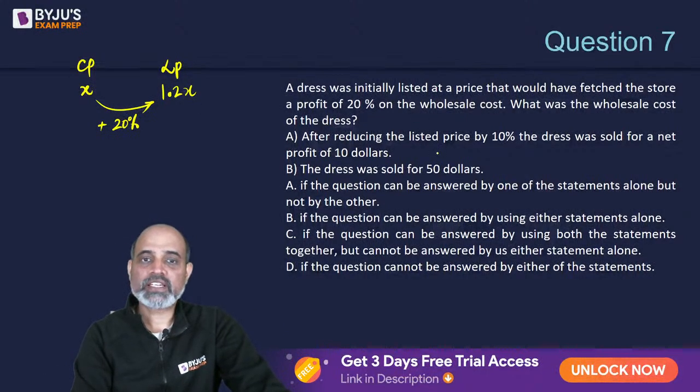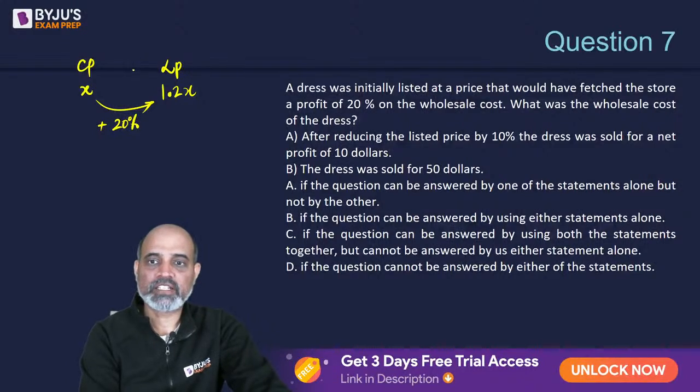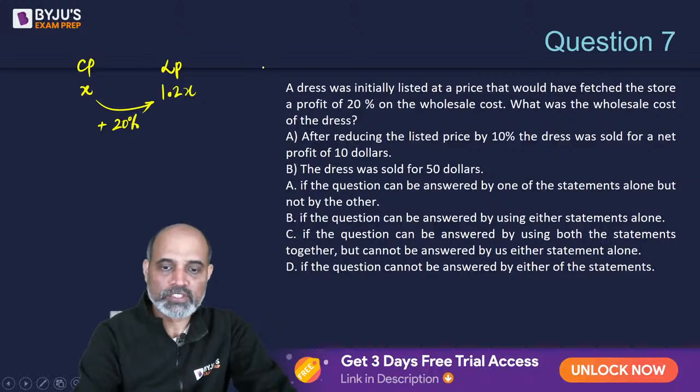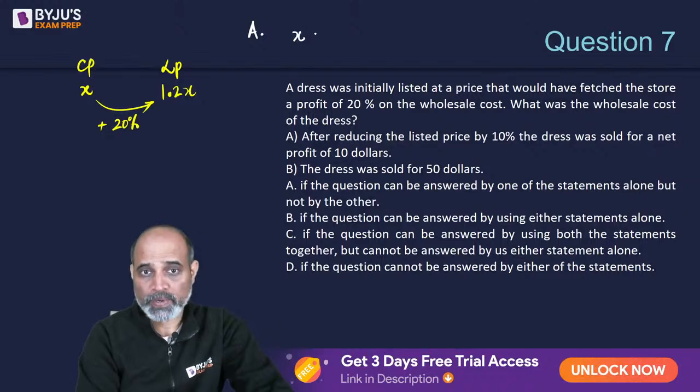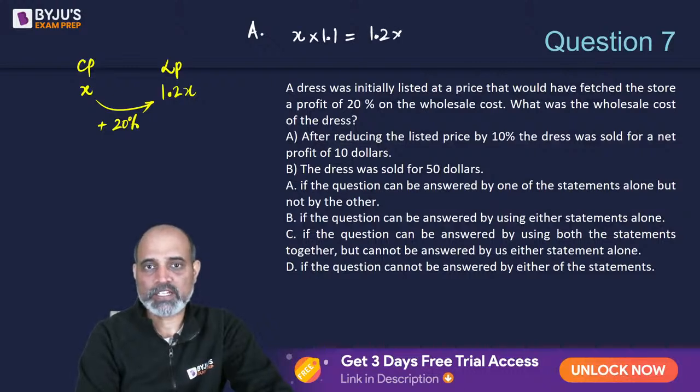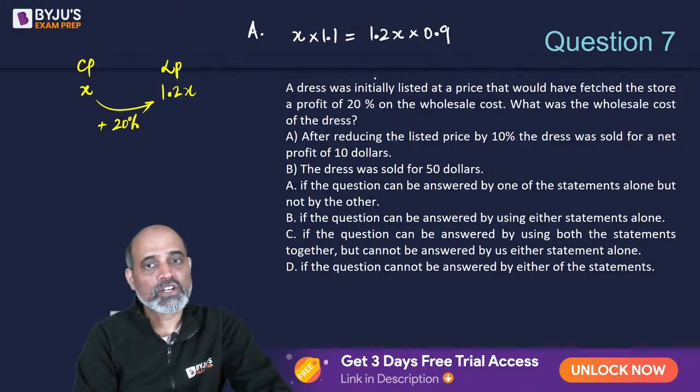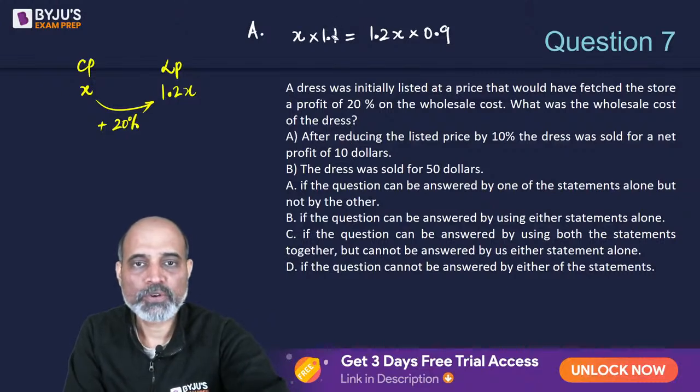Now, after reducing the listed price by 10%, the dress was sold for a profit of $10. So, first statement says that if from list price I reduce it by 10%, sorry, it was a profit of $10.